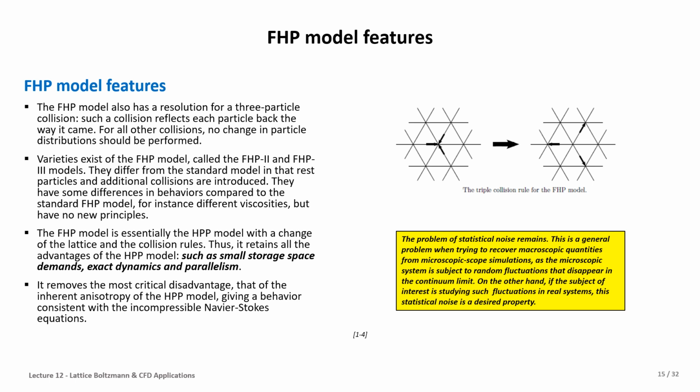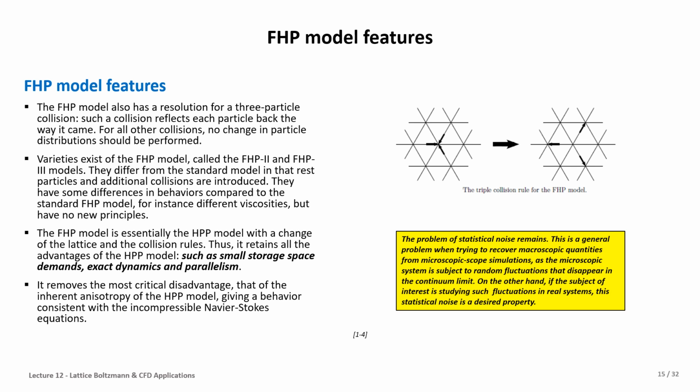The FHP model also has a standard variation and 2 others, FHP-II and FHP-III. They differ in the particles and additional collisions. However, the principle is the same. There are differences in the behavior at different viscosities, for example.